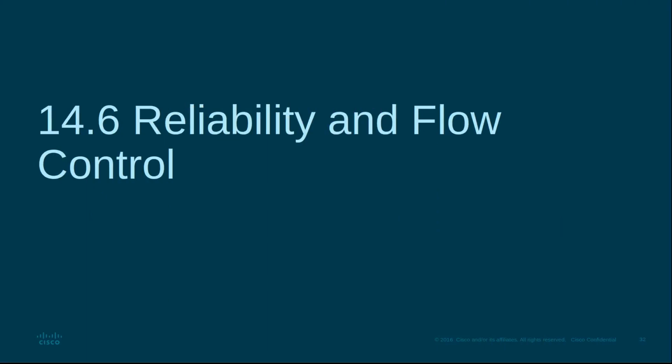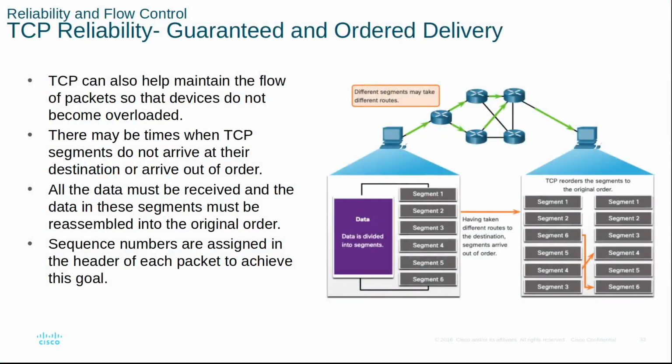Now, TCP also has a couple more things built into it, like reliability and flow control. So it can help maintain the flow of packets so devices don't become overloaded. There could be times when segments don't arrive in their correct order, right? Or don't arrive at their destination at all.